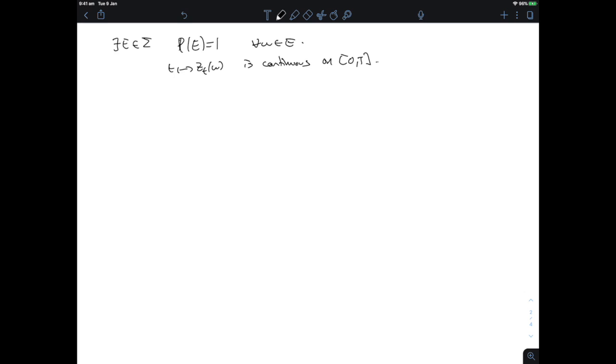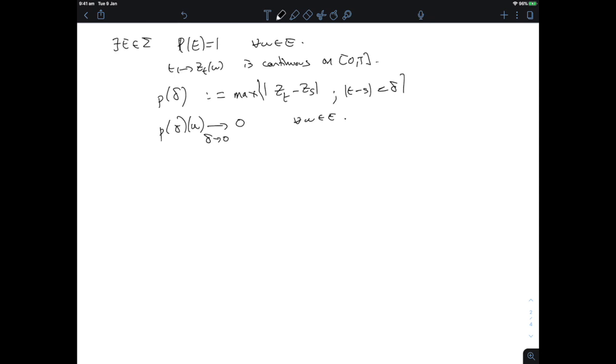Now that is to say that if I define P delta to be the maximum of Zt minus Zs whenever t minus s is smaller than delta, this quantity goes to 0 at a point omega, as delta goes to 0, for every omega in E. So P delta goes to 0 almost surely as delta goes to 0.